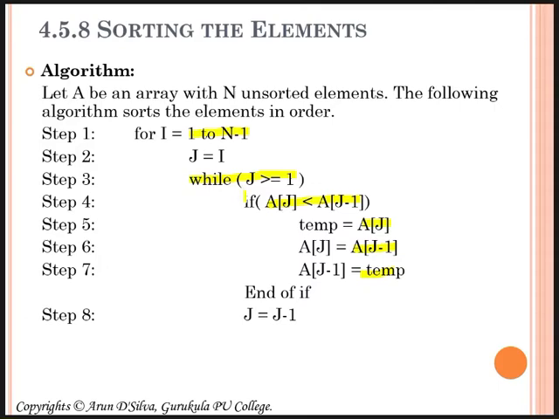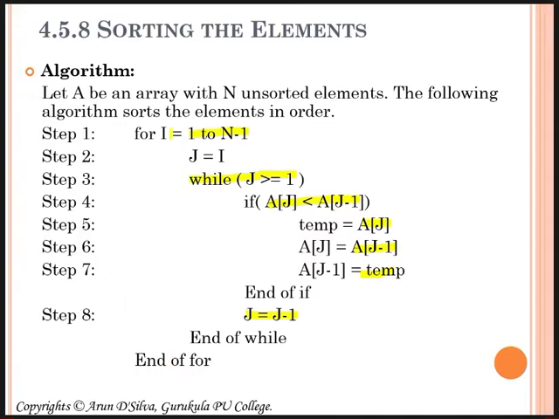While going for the next iteration, you have to decrement the value of j by one. That is the end of the while and the end of the for. After completion of the while loop, till j becomes 1, it repeats the process and then goes back to the outer loop, the i.